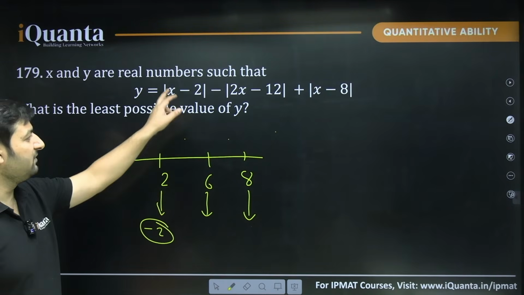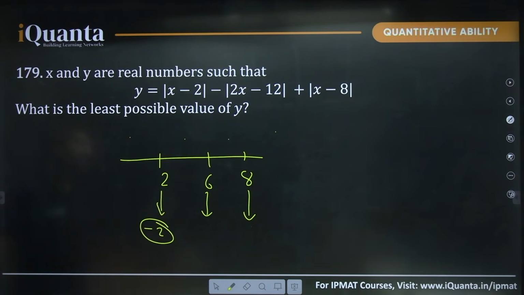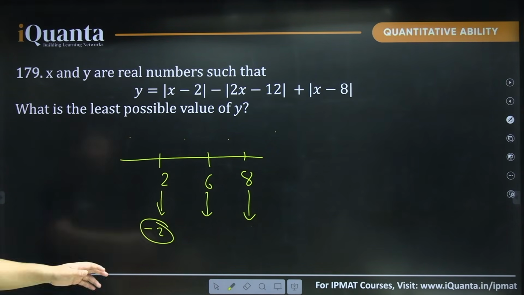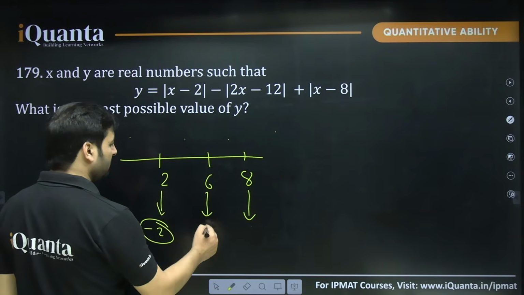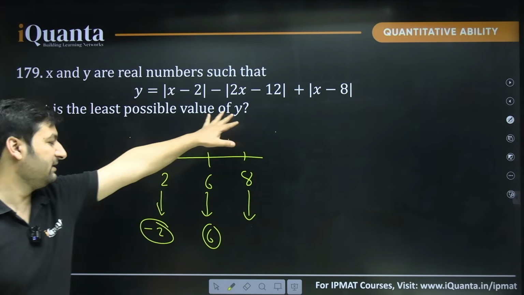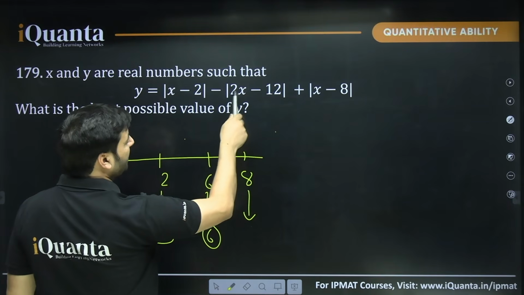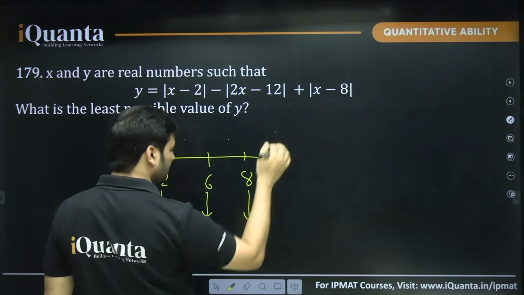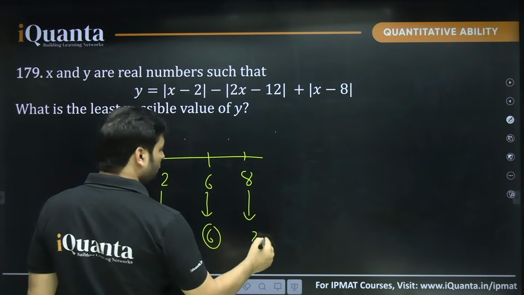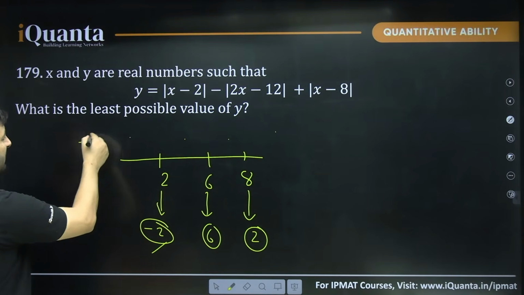If you put 6 here, 4, 0 and 6 minus 8, that is 2. Just calculate again, okay? At 8, 6 minus 4 is 2, 0, 2. What is the minimum of these? It's minus 2. So minus 2 will be the answer.